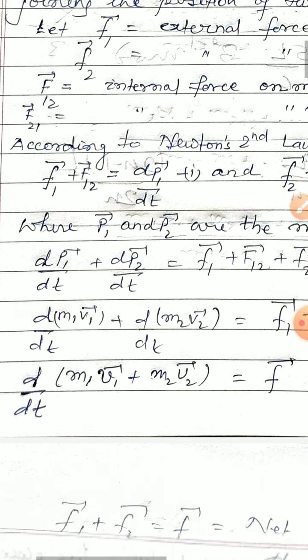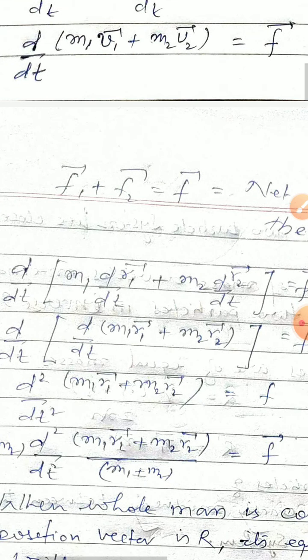Now next we know that velocity is the rate of change of position vector, so v1 we can write as dr1 by dt. In place of v2 we can write dr2 by dt.